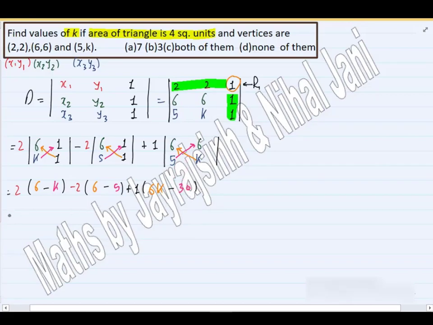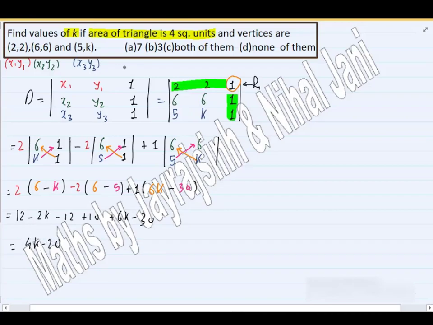Now it's time to open the bracket. So here we'll get 12 minus 2k minus 12 plus 10 plus 6k and minus 30, right? Which will give us 4k minus 20. So here we get our d.